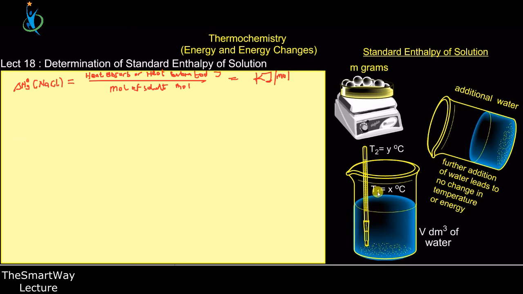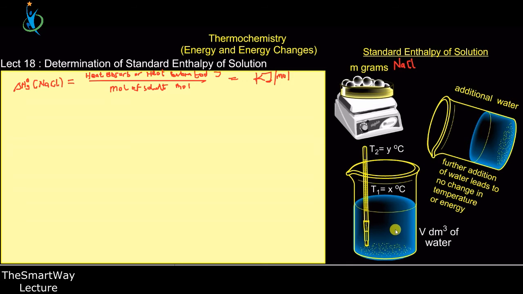That is, say, T1. Take the initial temperature of water, and then you add the mass of the solute. So you add the mass of the sodium chloride, and then you stir to make sure that it dissolves completely.